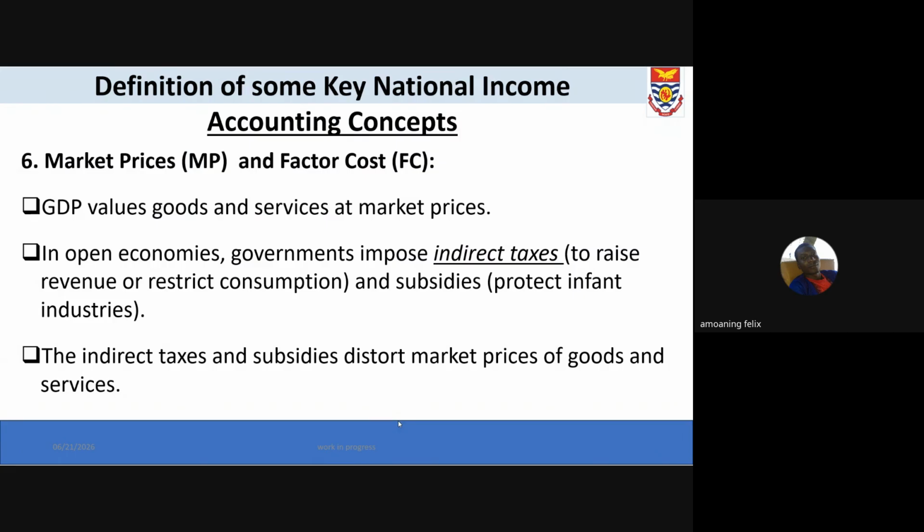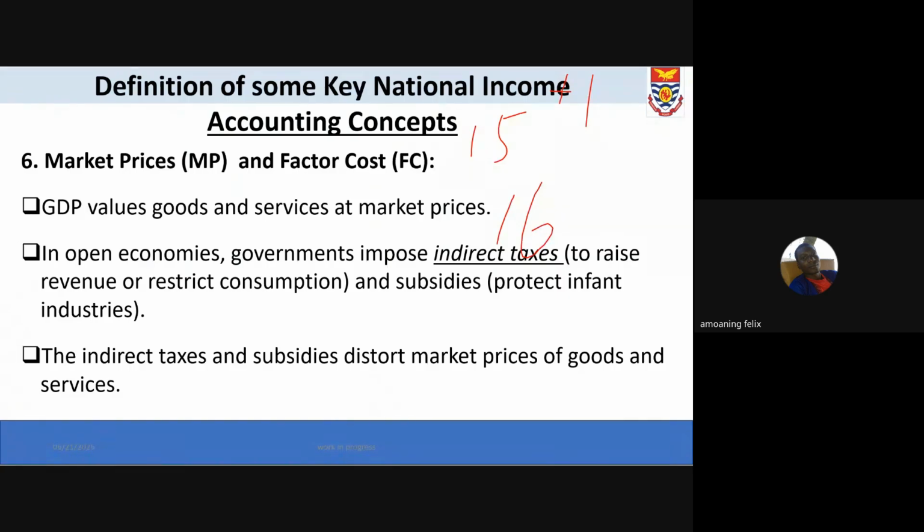And that is the market price. In reality, the price of the product should have been, let's say, 15 cedis per liter. With the tax, we are going to buy the fuel at 16 Ghana cedis.